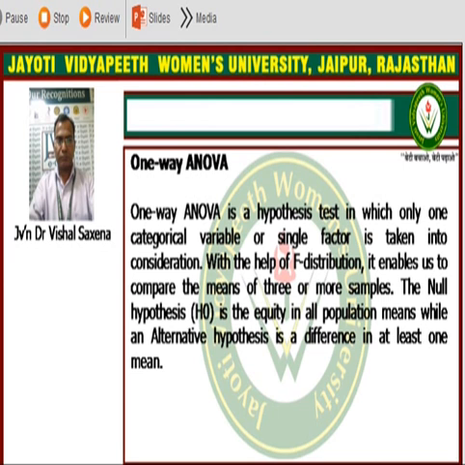The F distribution is the distribution used in ANOVA, and the F statistic will be used here. It enables us to compare the means of three or more samples. The null hypothesis H naught is the equality of all population means.